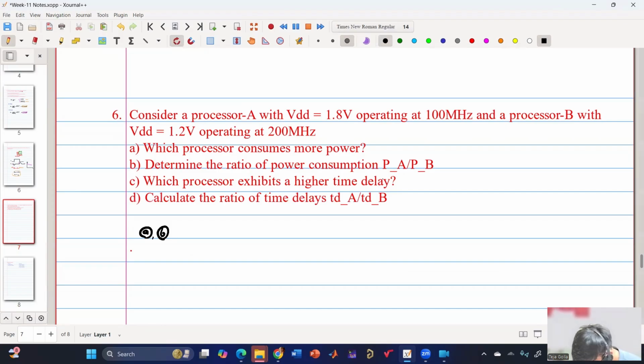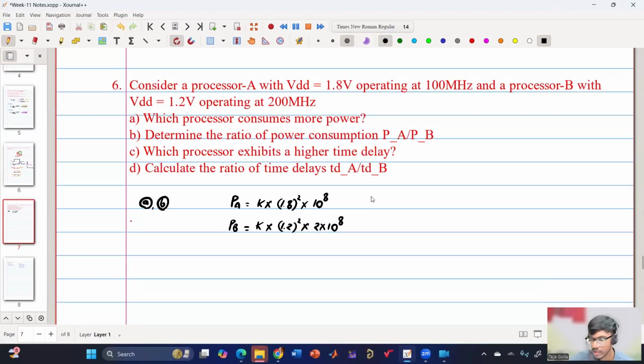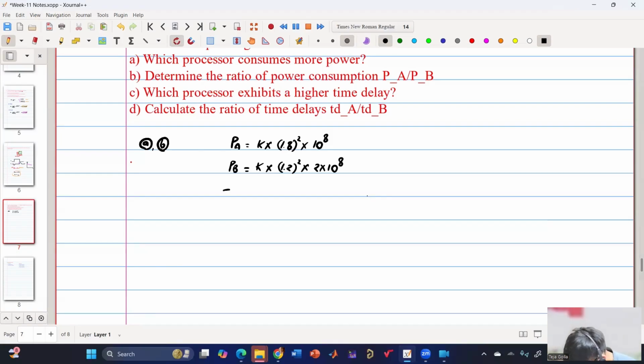We can calculate power consumption by processor A as some constant K into VDD square, 1.8 square, into 100 megahertz, which is 10 to the power 8. Power consumption by B is K, the same proportional constant, into 1.2 square into 200 megahertz, so it is 2 into 10 to the power 8. Now if I calculate the ratio PA by PB, I will get 1.8 whole square by 1.2 whole square into 2.